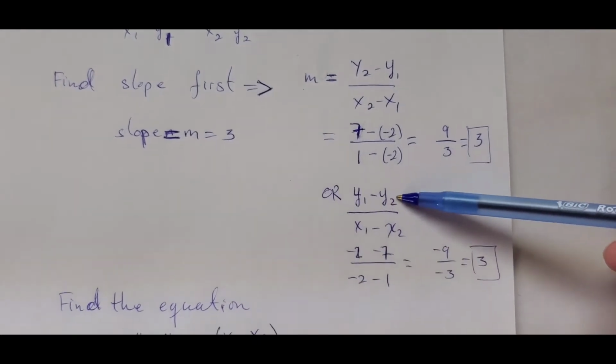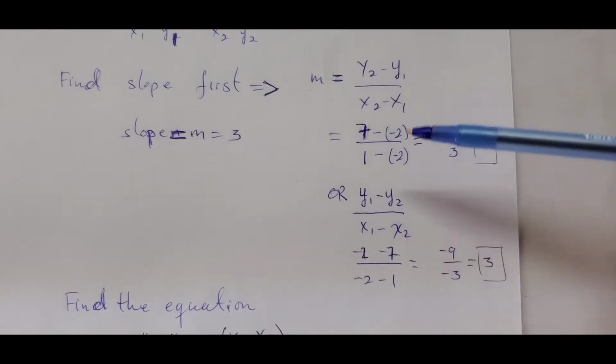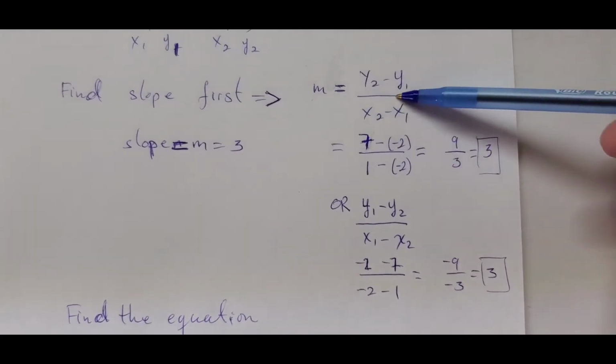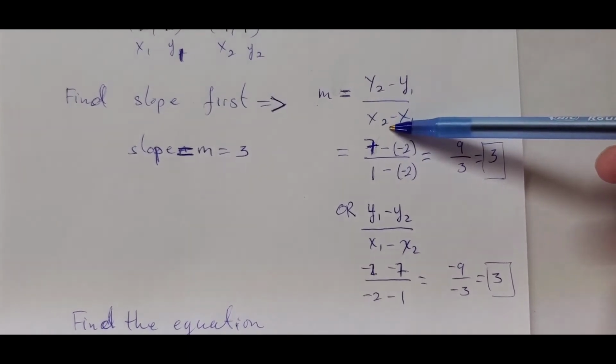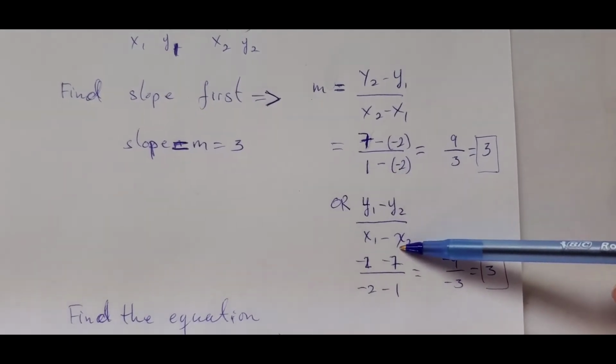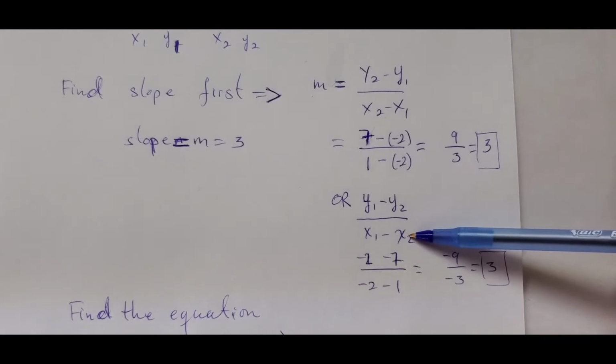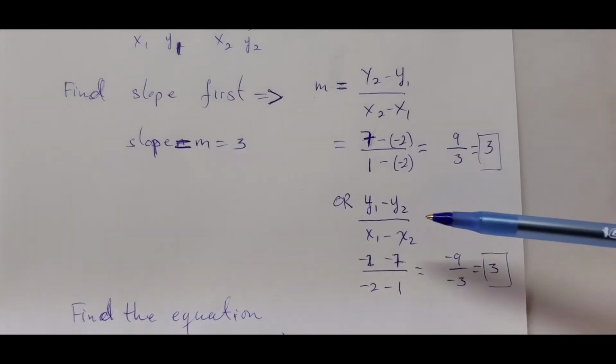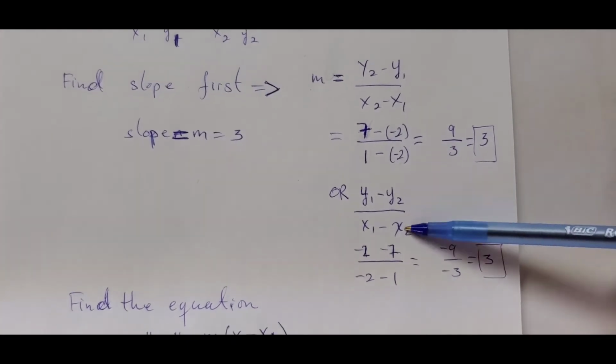Don't switch the top only and leave the bottom as x2 minus x1. If you do it to one side, you have to do it to the other side. So if you flip them around, make sure you flip both.